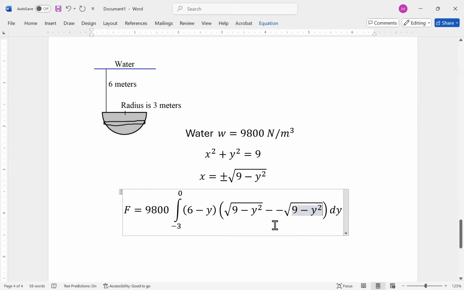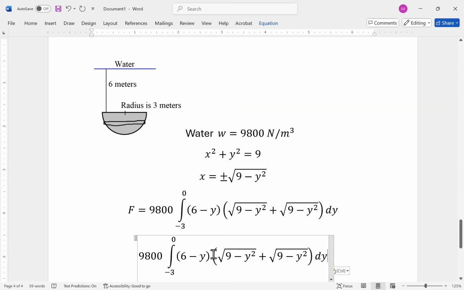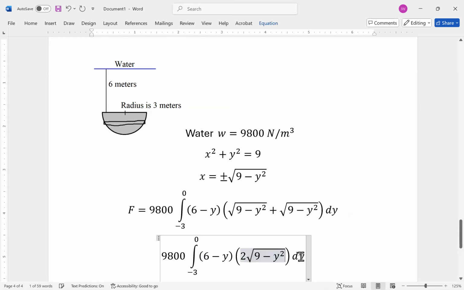If you wanted to combine that, since you're subtracting a negative, you're actually just adding those two things together. And you get 2 copies of that square root. So if you wanted to rewrite that, you could easily do 2 copies of that square root. We've done that before. So that's the idea.